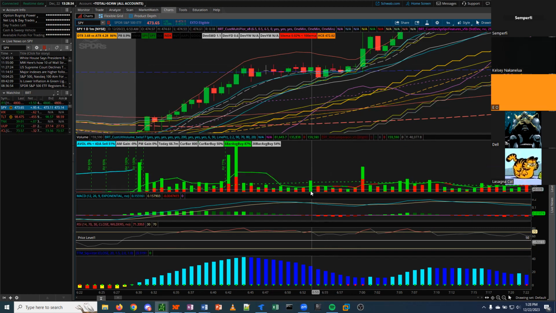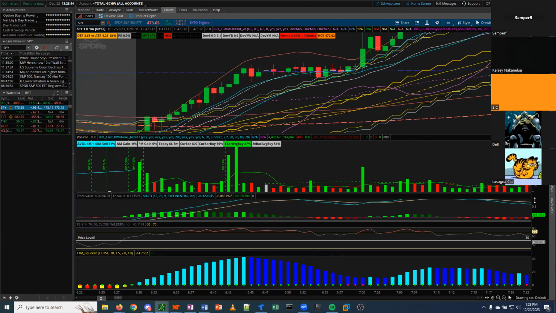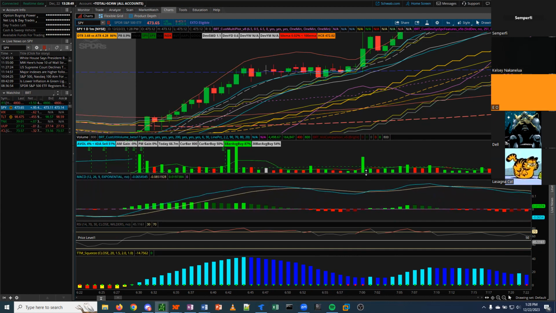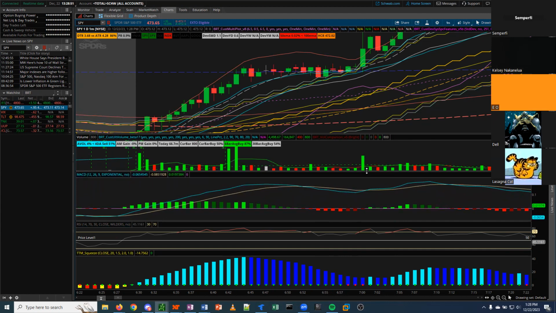The buyers are in control and these guys are trying to beat them out. So there's a tug of war right there. That should signal you to start looking at other indicators to see if they'll give you a better picture of what might happen.